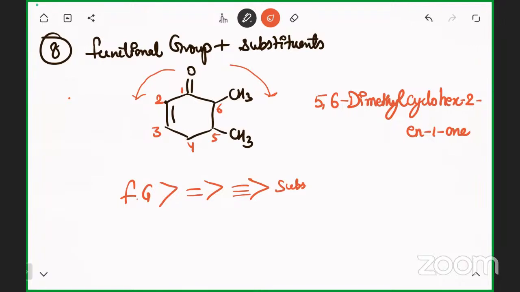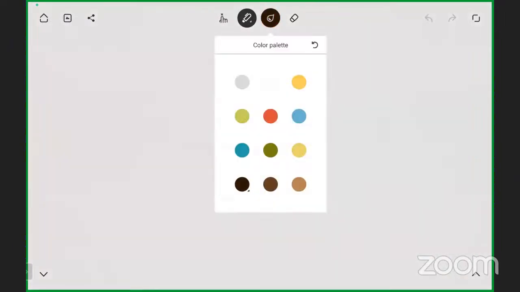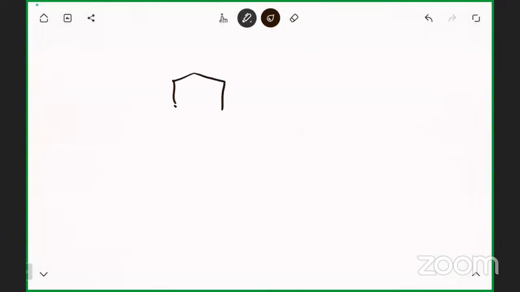Now, got my point? If you got my point, just tell me the name of this particular compound. From which side should I start the numbering?